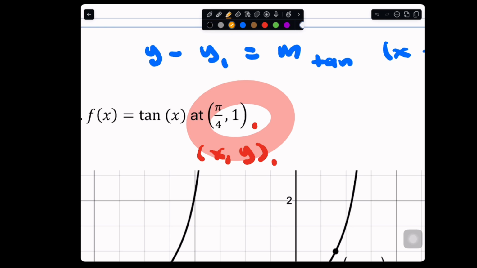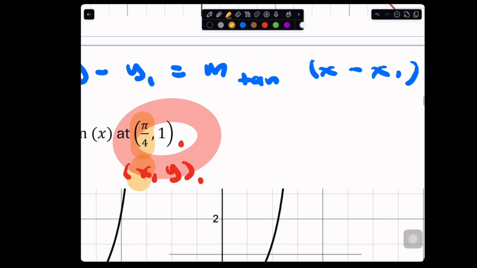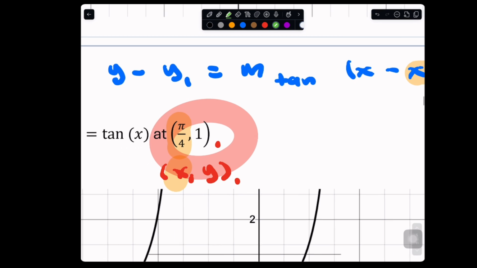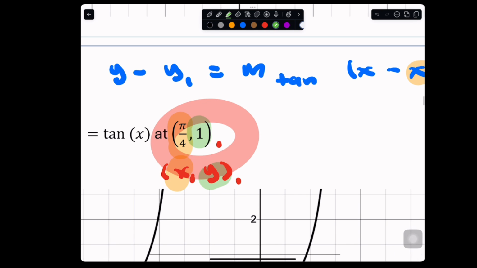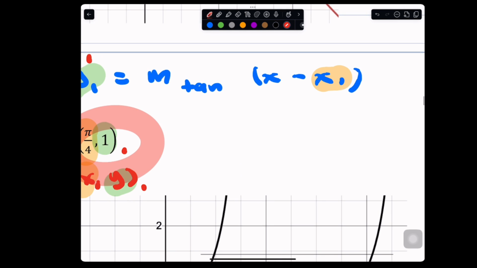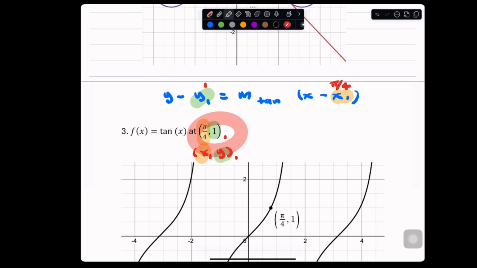So this is my orange. x1, y1 is green. 1, pi over 4, m tangent. So we need m tangent.